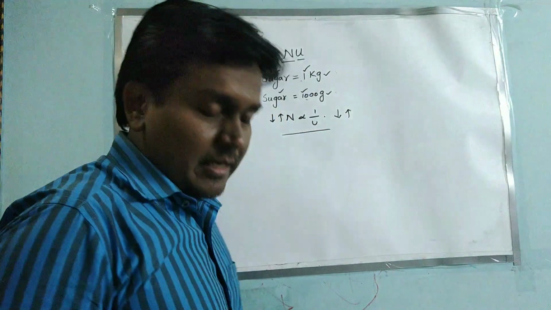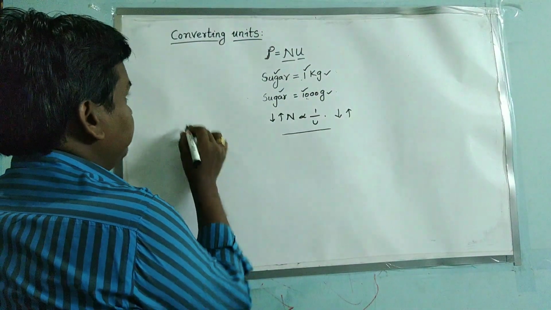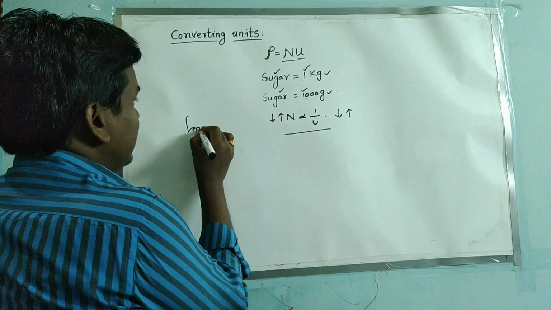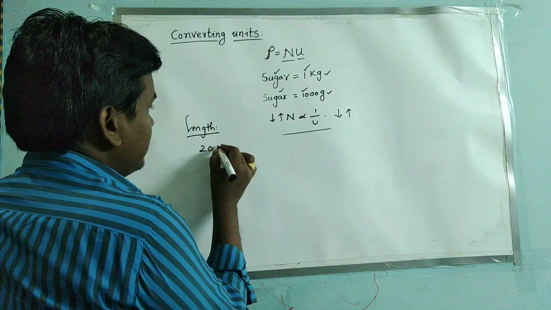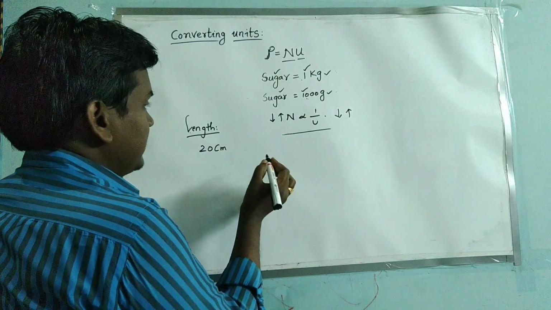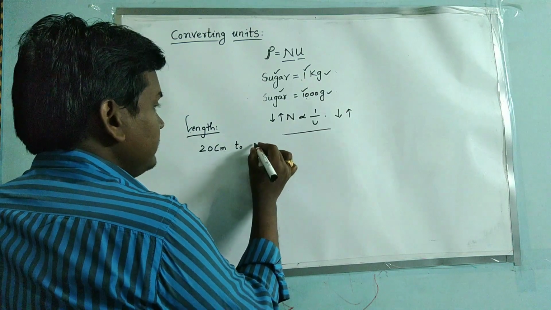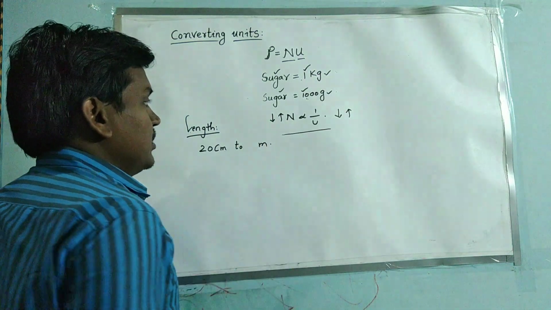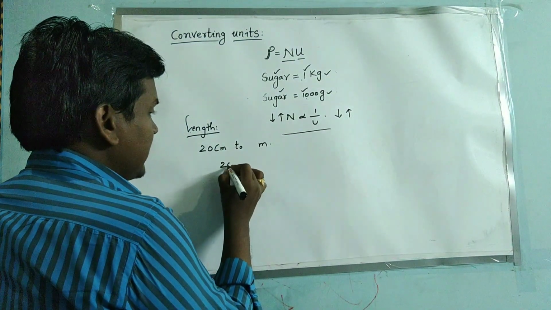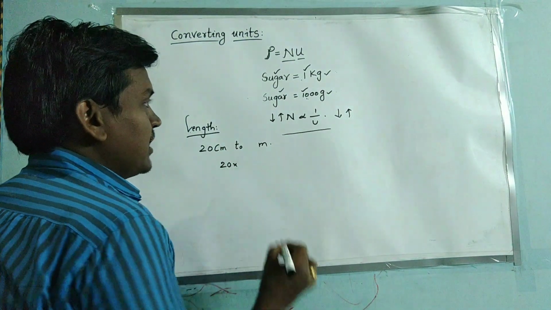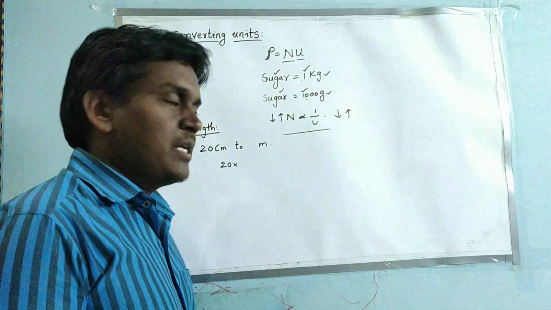And here let us see some conversions based upon length. I took 20 centimeters. This I want to convert into meters. So how to convert 20 centimeters into meters? Simply I am taking 20 here, and in the previous class we have discussed multiples and submultiples.